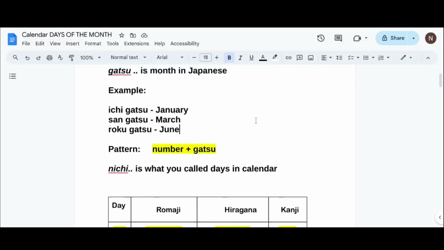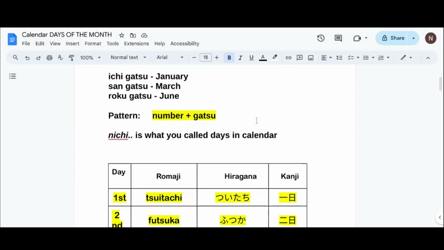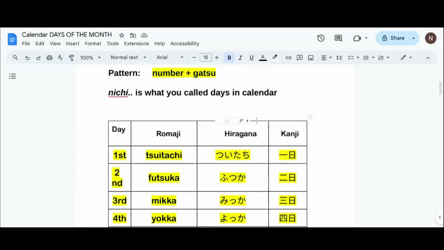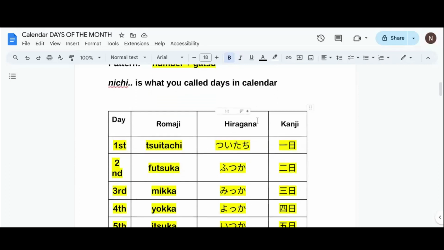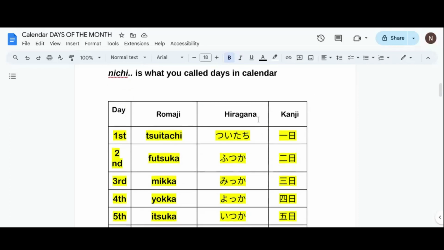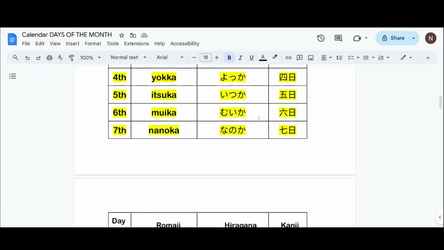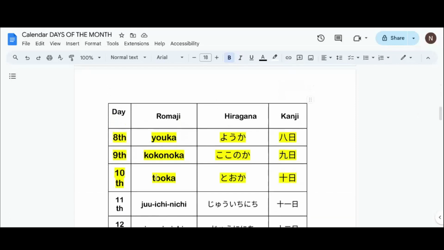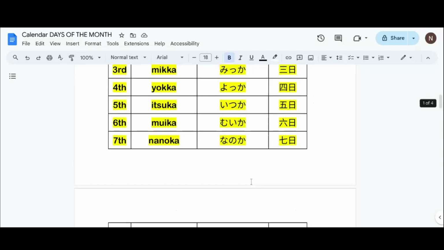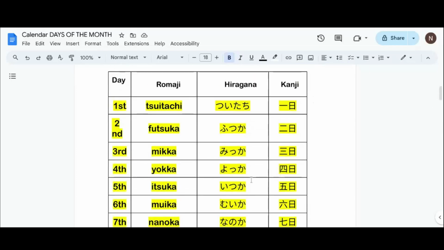Now, the days in the calendar. Although it is written 1, 2, 3, 4, 5, 6, 7, 8, 9, 10, up to 31 in the calendar, up to 10 we have a different reading.